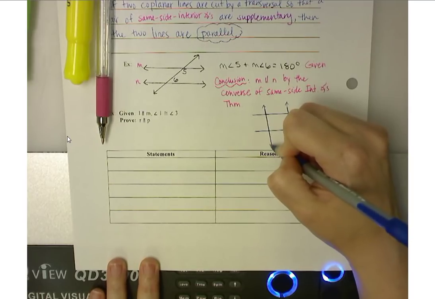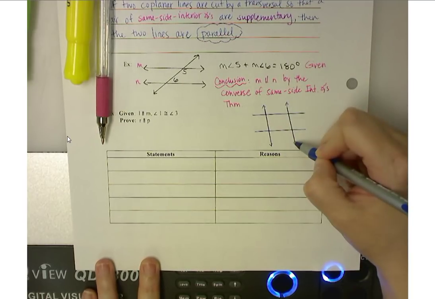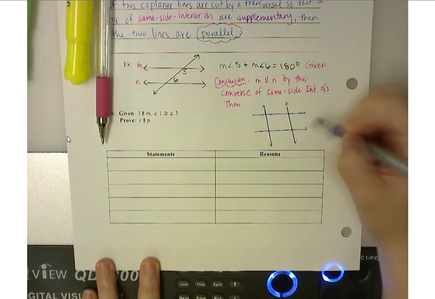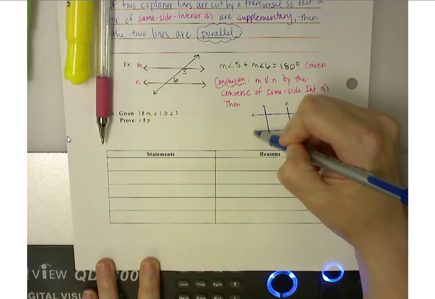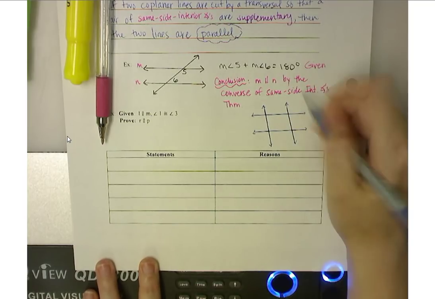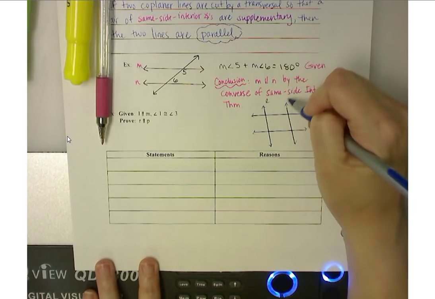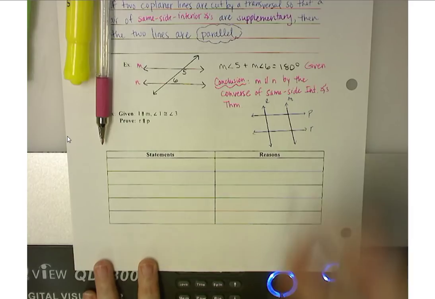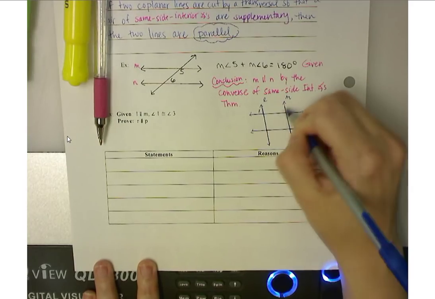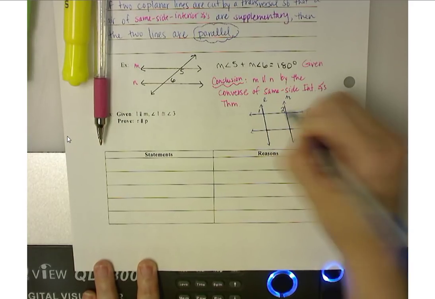Okay, and these are all lines. So I'm just putting my arrows to signify the lines, okay, not that they're parallel. And we're going to call the first one P, this one is R, this line is L, this one is M, and then we're going to call this angle 1, this one 2, and this one 3.